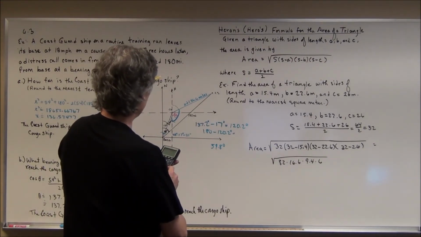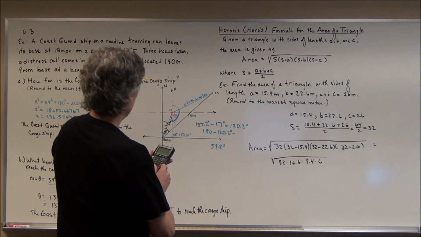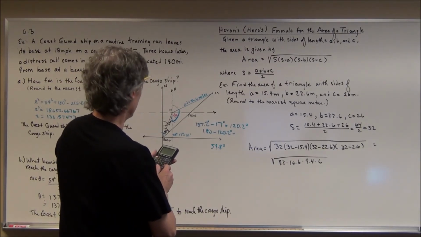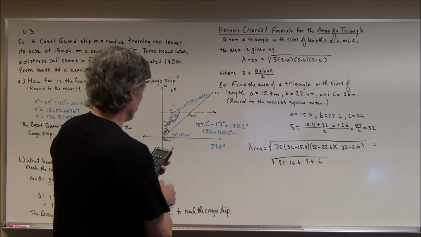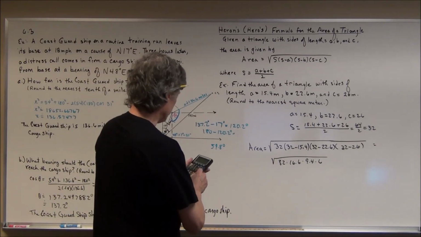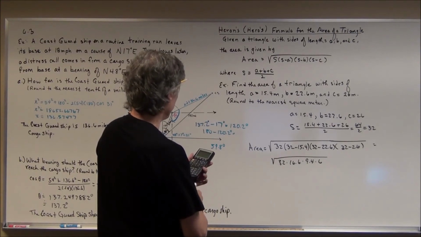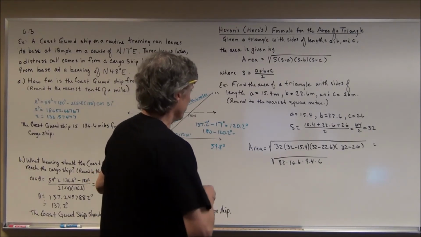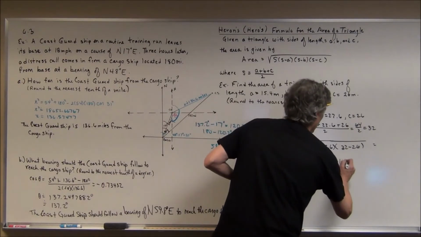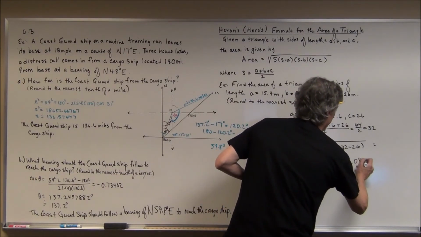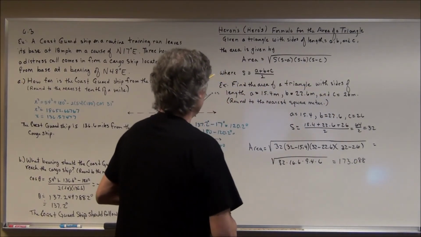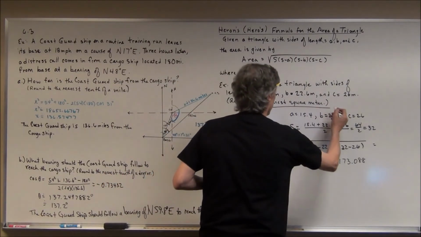Well, that's a bigger number than I was expecting here. So I'm going to raise this to the 0.5 power, and I get 173.088. And we are rounding, in this case, to the nearest square meter.